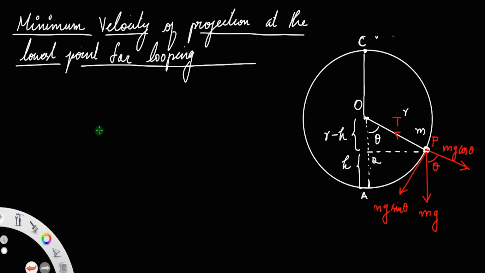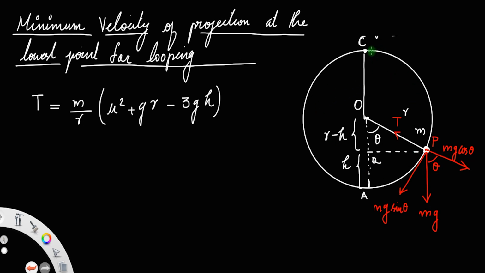Now let's find out the minimum velocity of projection at the lowest point for looping. We have tension T at any point equal to m by r times u square plus gr minus 3gh. This is the expression for tension at any point of motion of a body in a vertical circle.